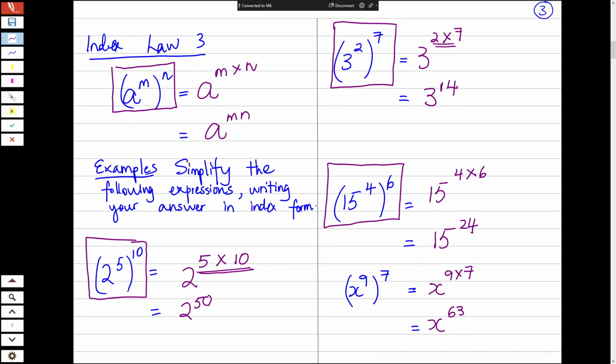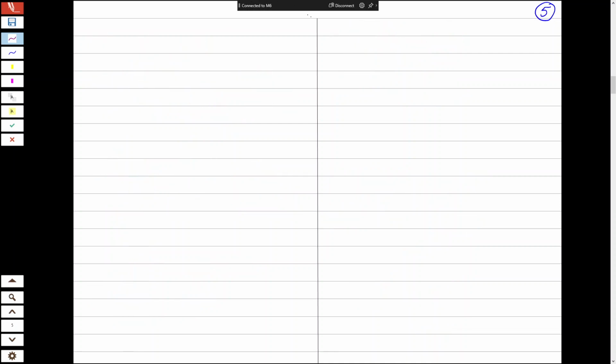Do I need to find out what the base is? Because normally you want to solve for x in the equation, but there's actually no equation here. There's not enough information to determine what x is. But if I wrote an equation like this, now there is a solution.